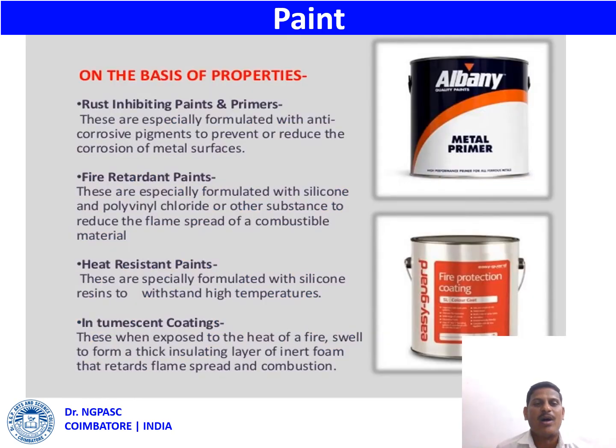On the basis of properties, there are rust inhibiting paints, primers, fire retarding paints, heat resistant paints, and intumescent coatings. These are the wide varieties of paint classification based on properties.